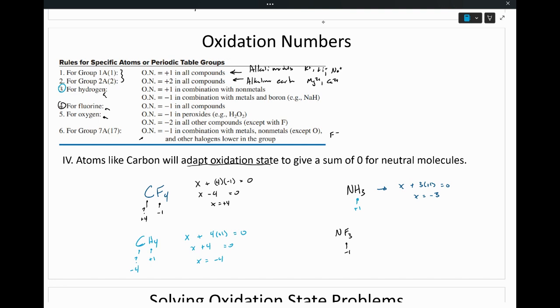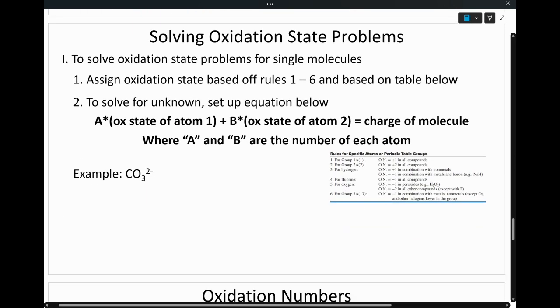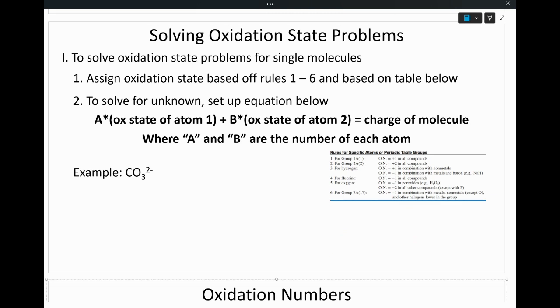And in the second case, which I'll do in black, x plus 3 times -1 equals 0. X equals +3. And so all atoms that aren't given in the table above, we have to use this approach to figure out their oxidation state. Okay? And so we'll do one more example, and then we'll work on a problem separately. So here I'm looking at CO3 2-, so carbonate. And so we're going to follow the first rules, 1 through 6.